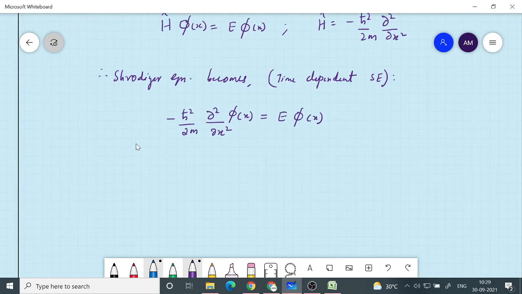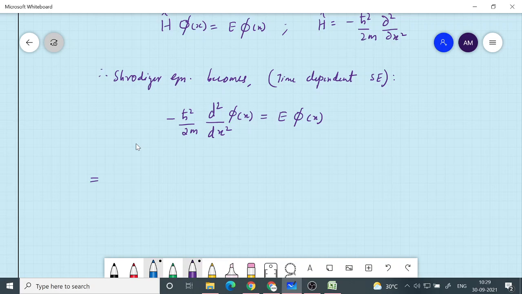Now the question is, let me rearrange this in a standard form. Whenever I write the time independent Schrodinger equation, I don't need a partial derivative. I can write a full derivative, because there is only one variable, so it is d square by dx square.